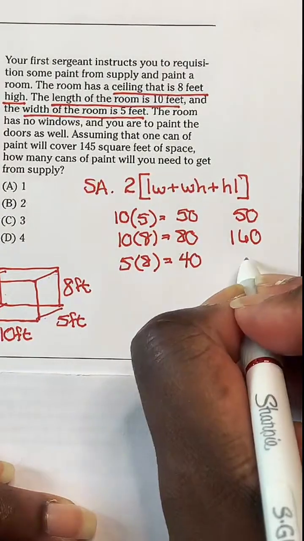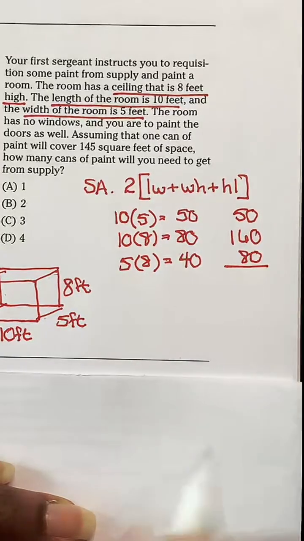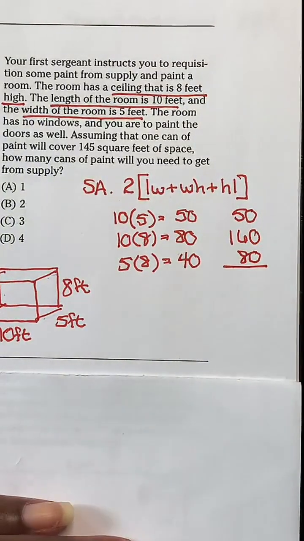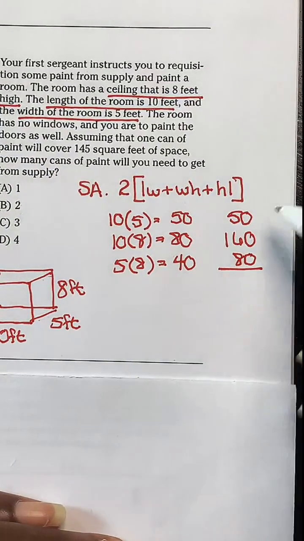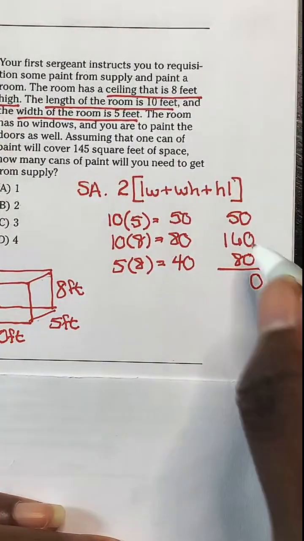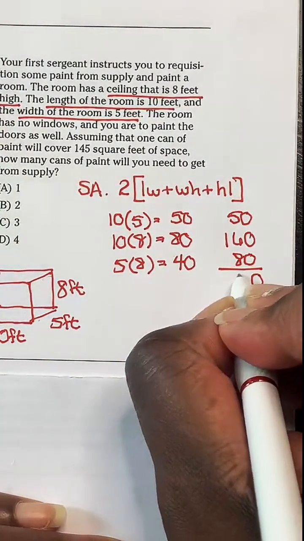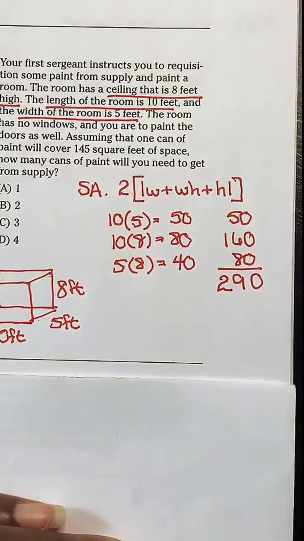So 40 times 2 will give me 80. All right, so when I add these up, I got 290.